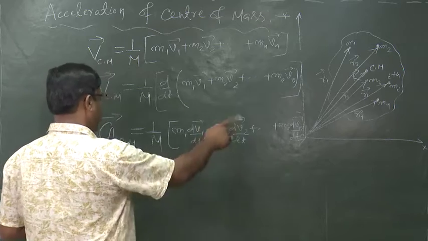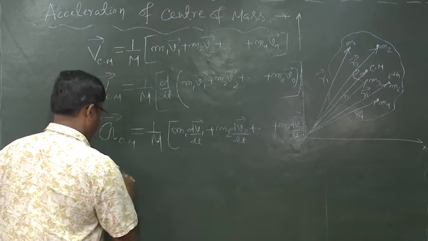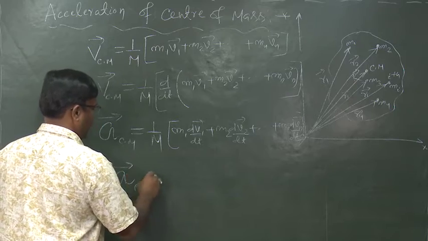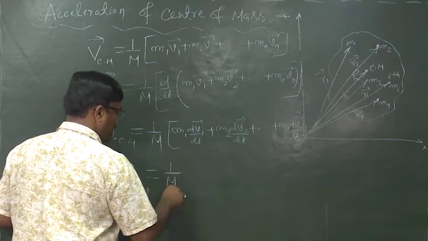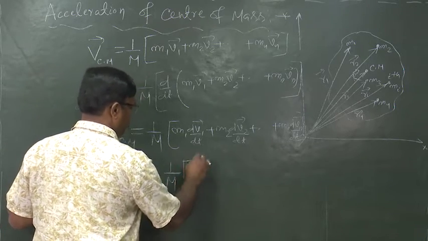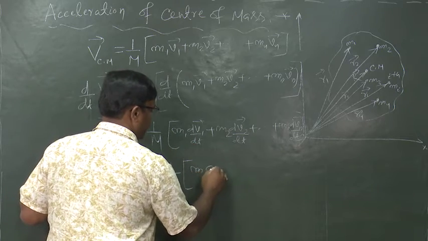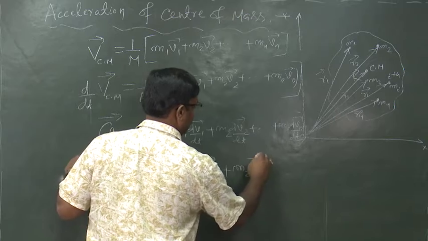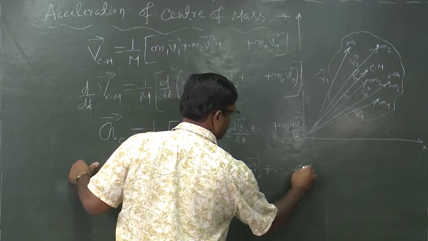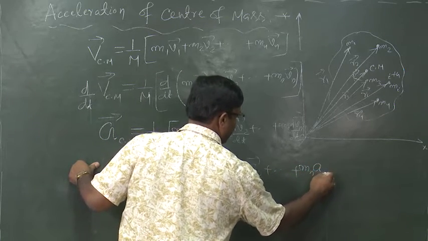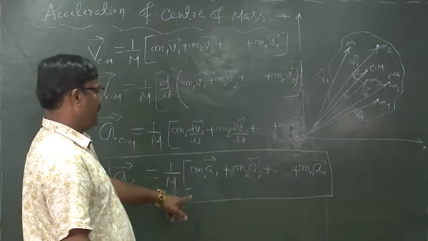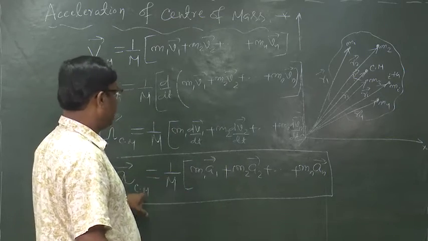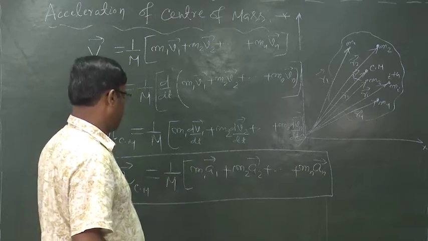So, we can write the acceleration of the center of mass as equal to 1 by m whole into m1 a1 plus m2 a2 plus up to mn an. This is the general expression for the acceleration of center of mass.